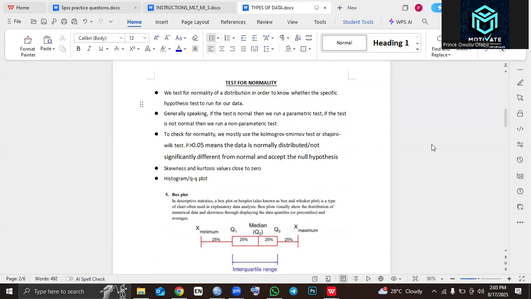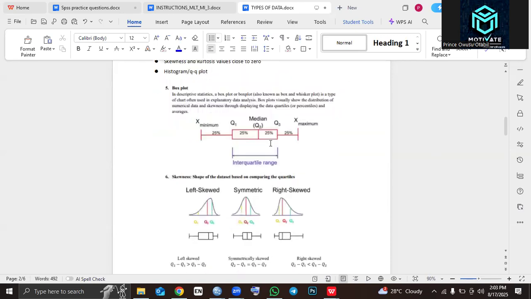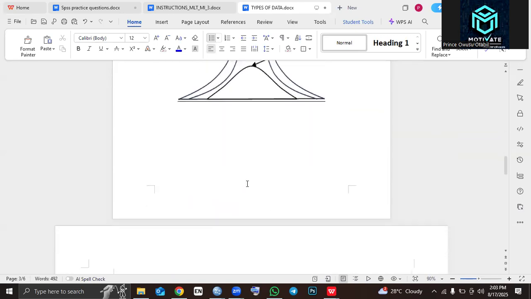Because we want to know if the hypothesis that we are generating from our data sets can be applied to real life situations. So we have to test to see if the data set we have is normally distributed or not, so that we can know what hypothesis test we'll use to run. So we have normality tests, and then we have hypothesis testing.